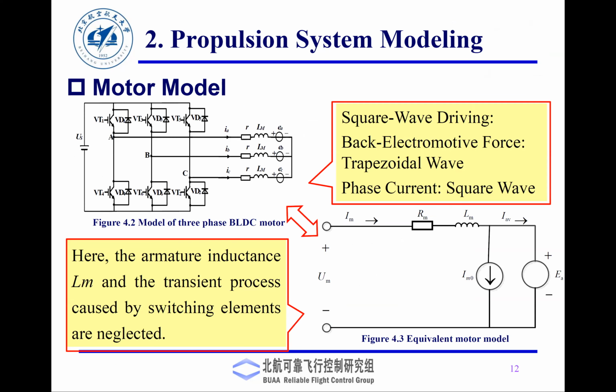So how would a brushless DC motor look? As you can see, a brushless DC motor is like a three-phase motor. Think about it like you have switches: switch 1, switch 2, switch 3.